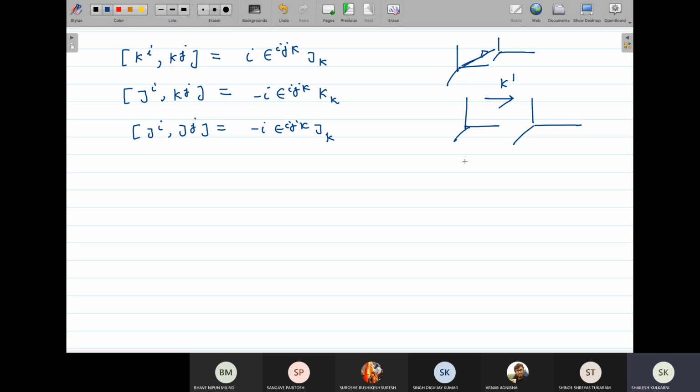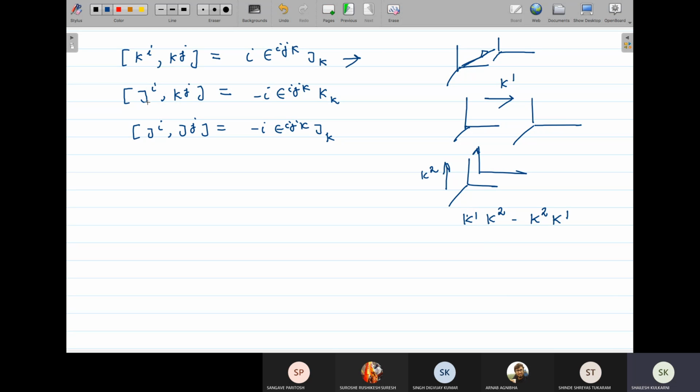Then you consider a boost along the second direction, which is achieved by K2. You apply K2 and then K1, and subtract from that the result of applying K1 first and K2 later. You will get a rotation. That is what this tells.